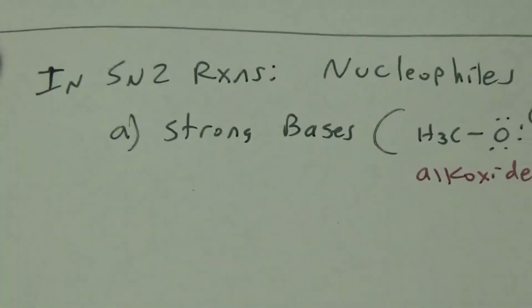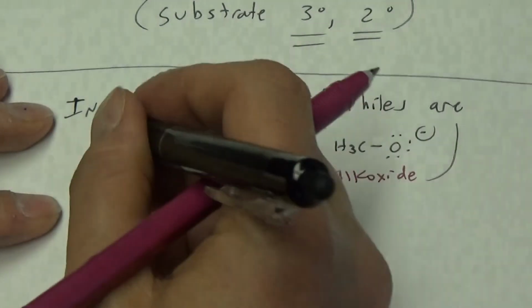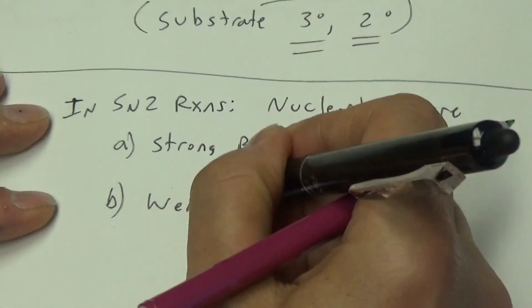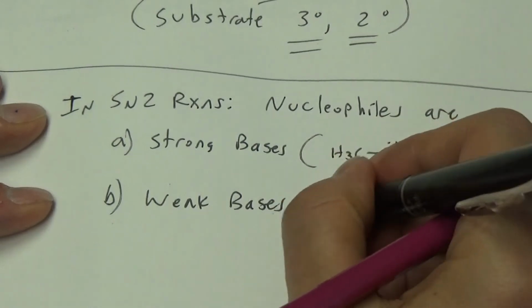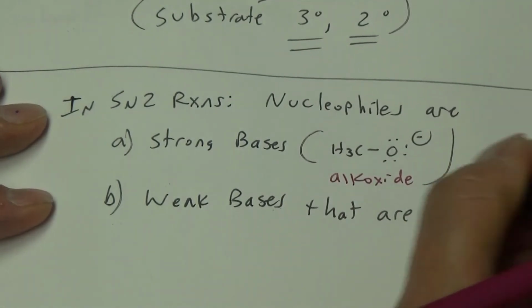The other things that are common nucleophiles in SN2 reactions are weak bases that are highly polarizable.